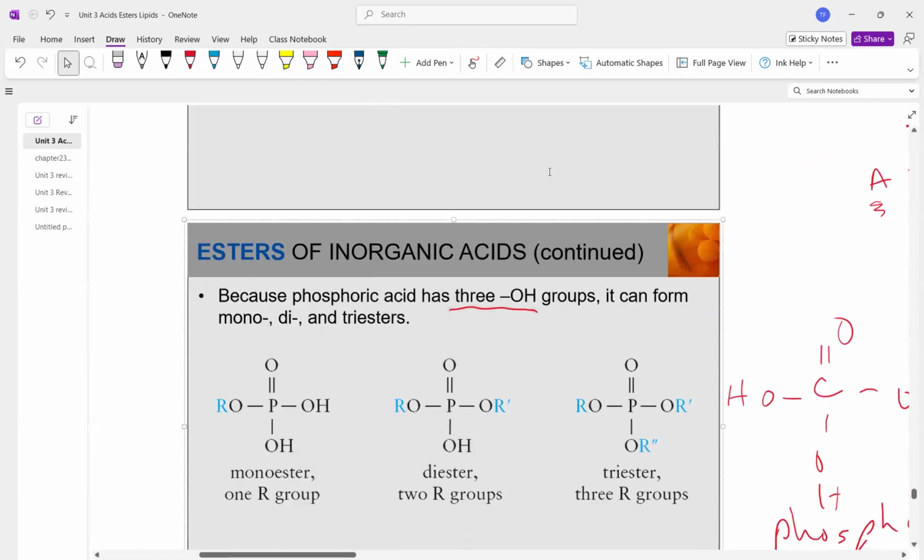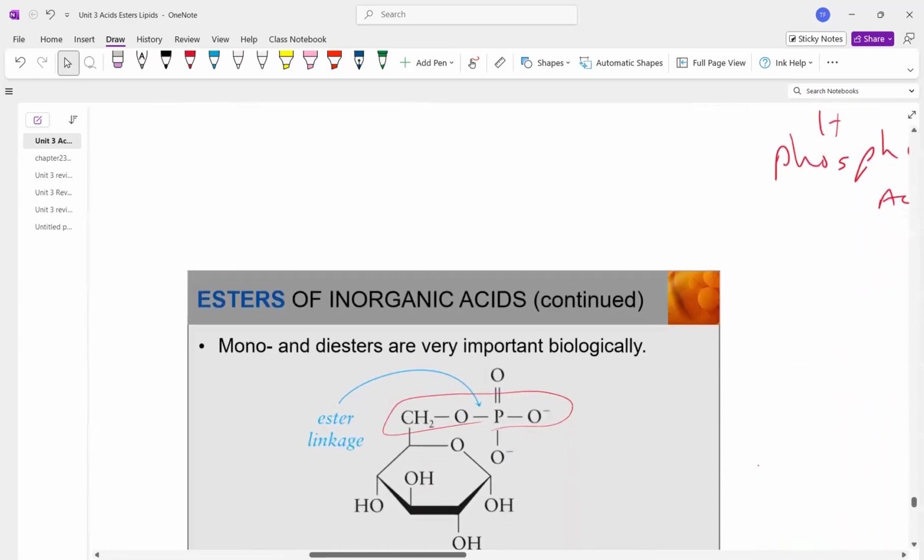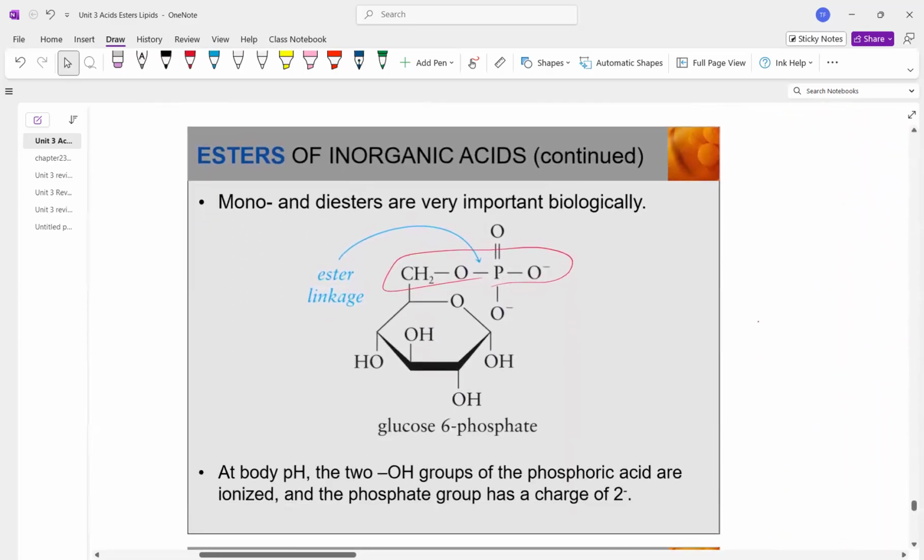Now, phosphoric acid has 3 H's that can come off. That means theoretically you can make 3 esters from that one acid, and our body does that a lot. It uses 2 esters really a lot and 3 esters frequently. Okay, glucose 6-phosphate is the first step of glycolysis.